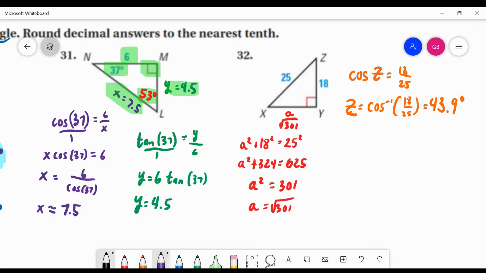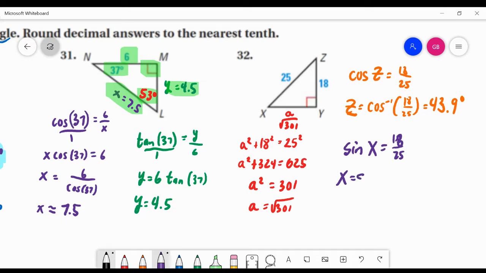And then for x, 18 is opposite, 25 is hypotenuse. So the one that uses opposite and hypotenuse is the sine. So the sine of x is 18 over 25.